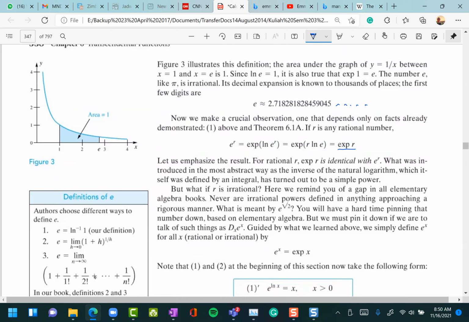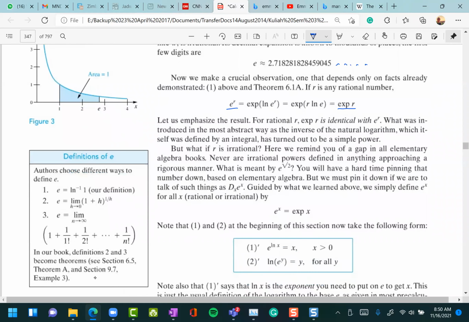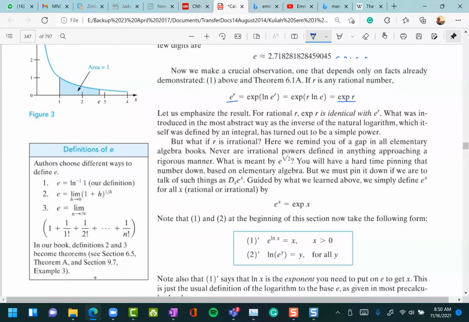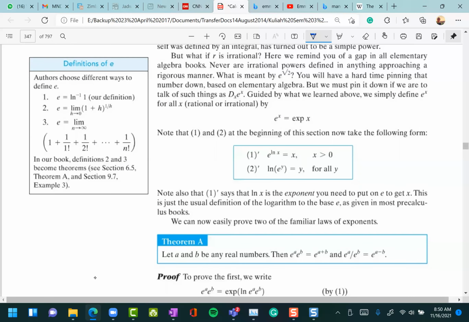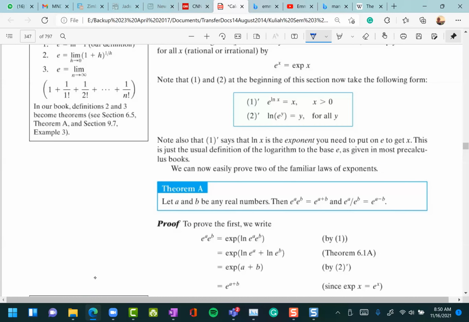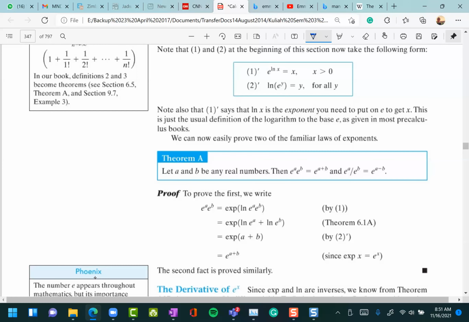The exponent of r equals e to the r, and we can extend this to e to the x. Then the properties of e to the x.